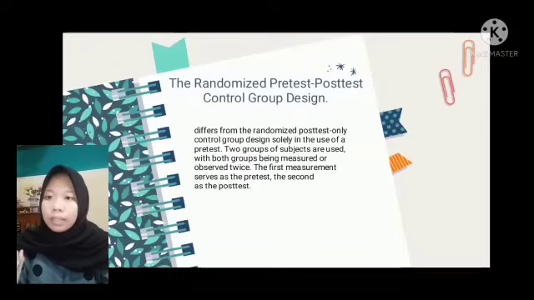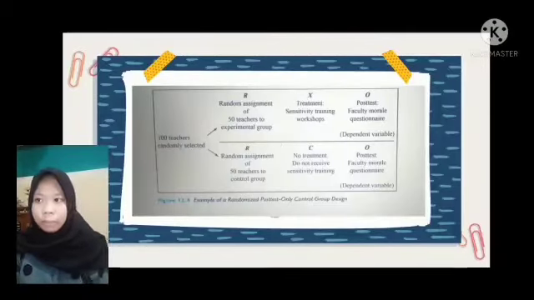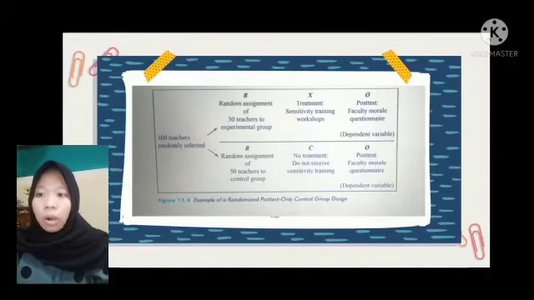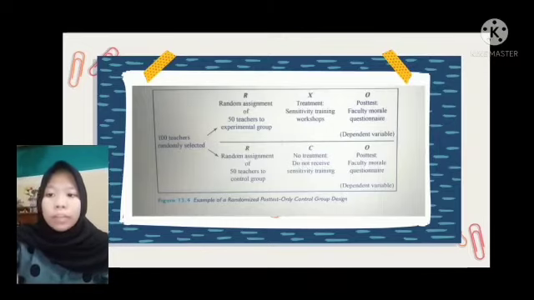This design differs from the randomized posttest-only control group design solely in the use of a pretest. And as you can see, there is a table in here. It is an example of a randomized posttest-only control group design.